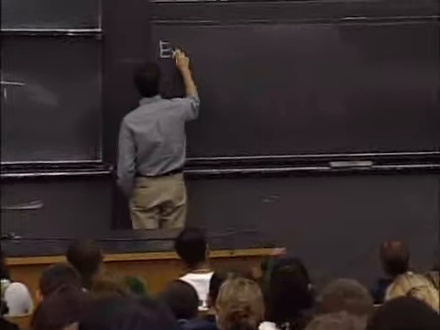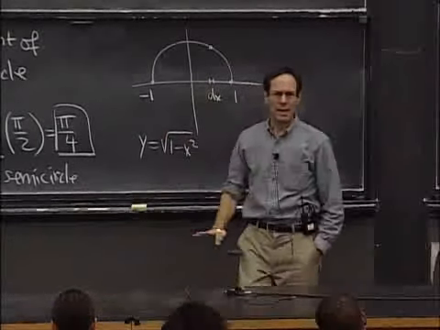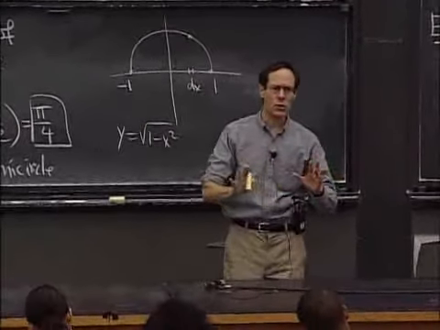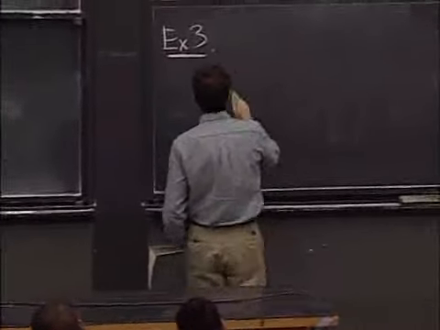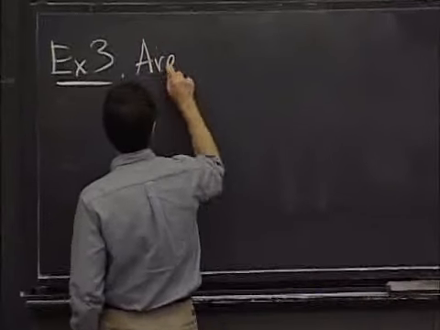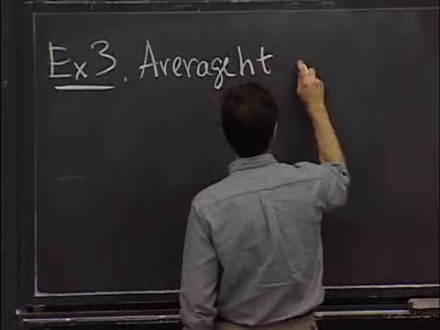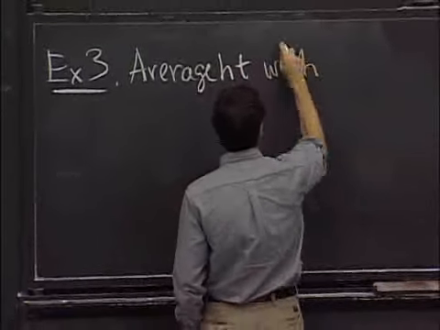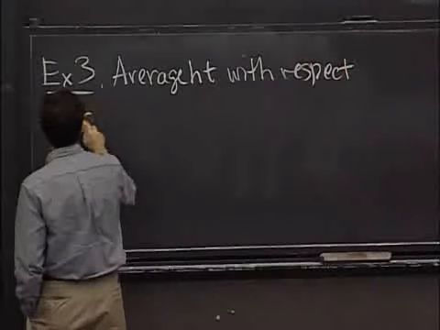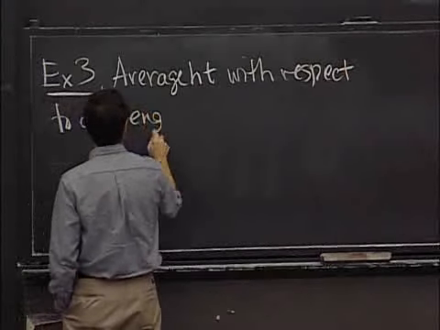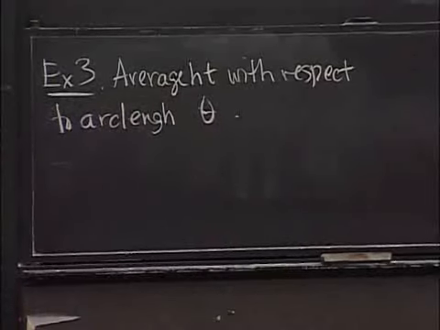Now, the next example that I want to give introduces a little bit of confusion. I'm not going to resolve this confusion completely, but I'm going to try to get you used to it. I'm going to take the average height again, but now with respect to arc length, which is usually denoted theta.